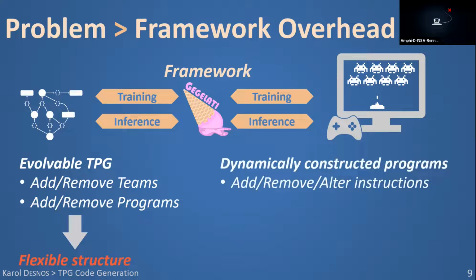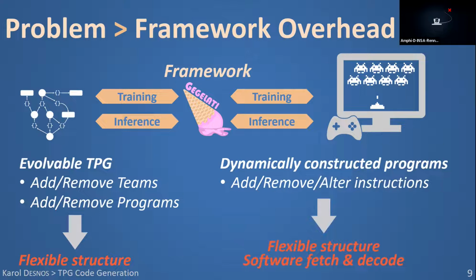On the execution side, when you want to infer a TPG, you also have an overhead because all the programs within the TPG are also dynamically constructed programs. So you need to be able to add, remove, and alter the instructions of each of the programs of the TPG. And this has an overhead. In particular, you need, once again, a flexible data structure to store and modify the structure as you wish.